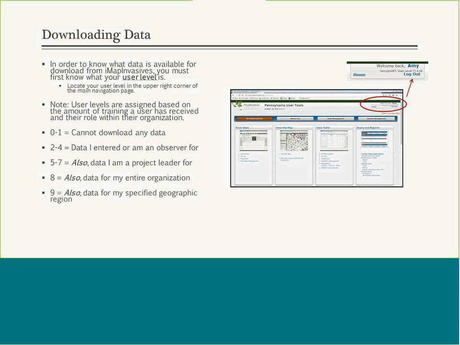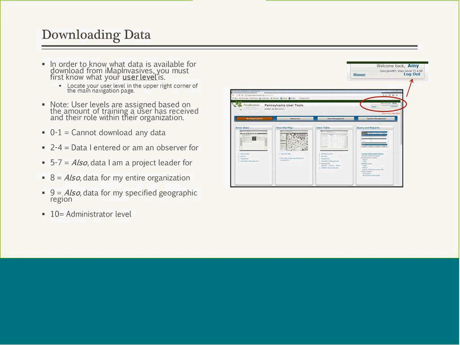Level 9 allows you to download data for specific geographies. That would be given to someone who was a coordinator of, like, a cooperative weed management area, who was in charge of a lot of land and needed to know what was being found in a specific region. And then level 10 is the administrator level.